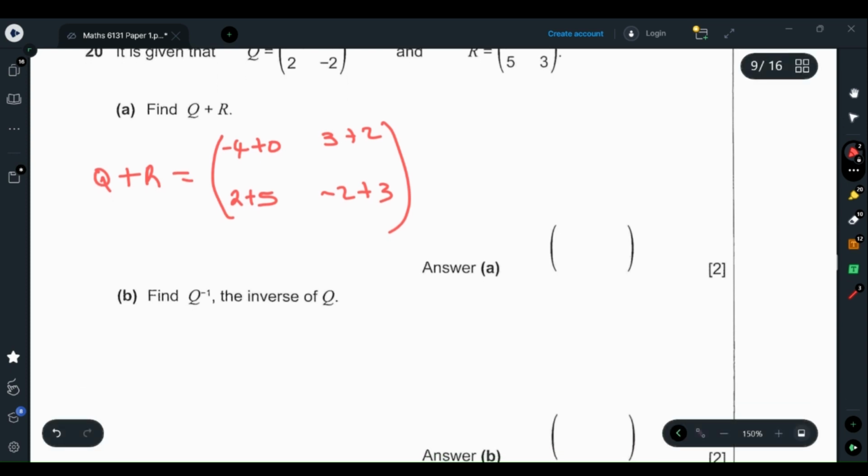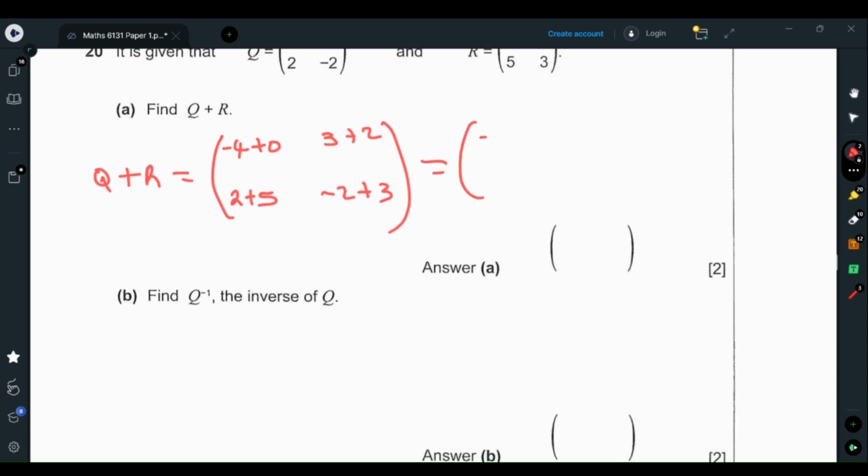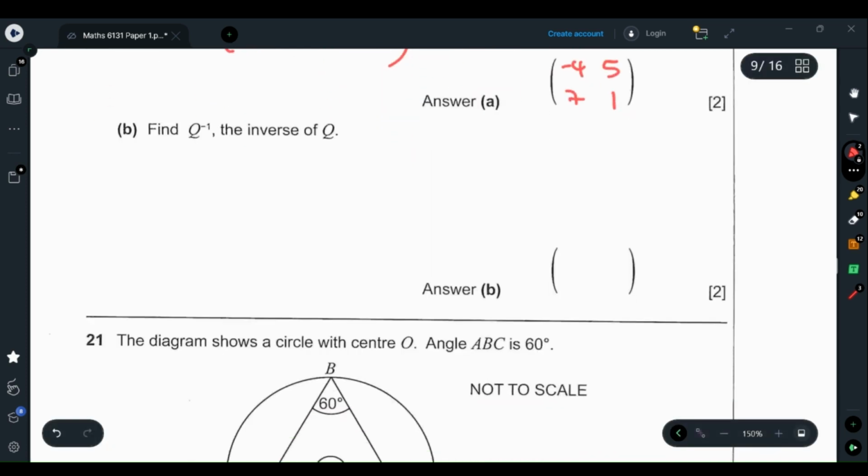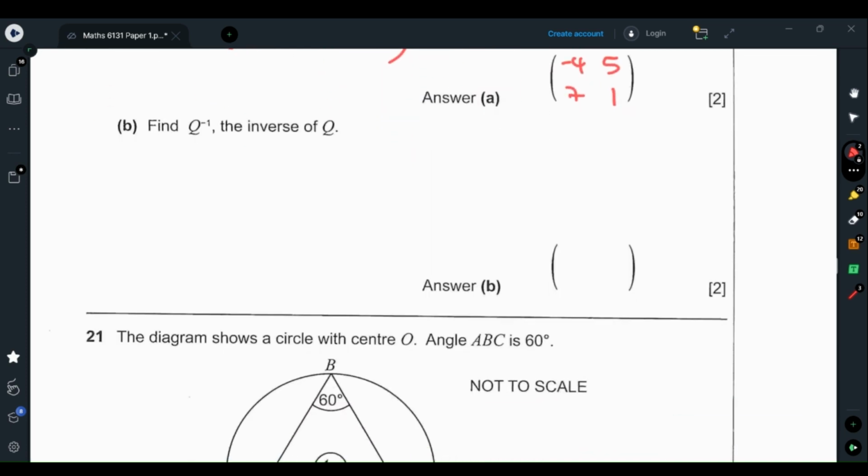And that eventually gives us minus 4, 5, 7, 1.